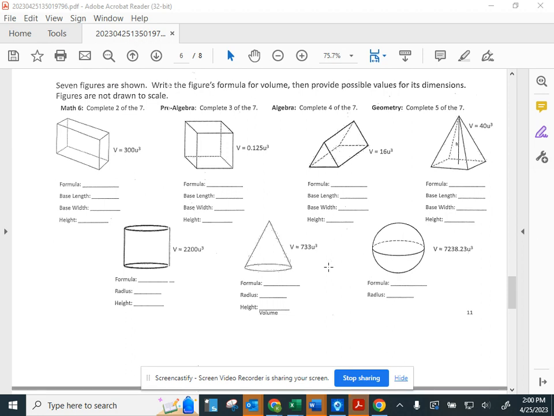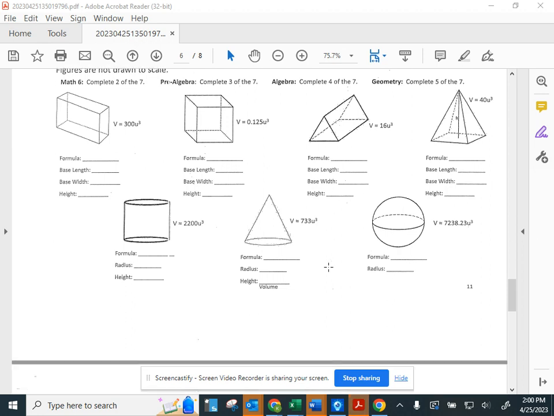For our formulas page, we have some things to add in here. Our formula for our rectangular prism is the length times the width times the height. We are giving you a length of 6 and a width of 2. Solve it for the height.